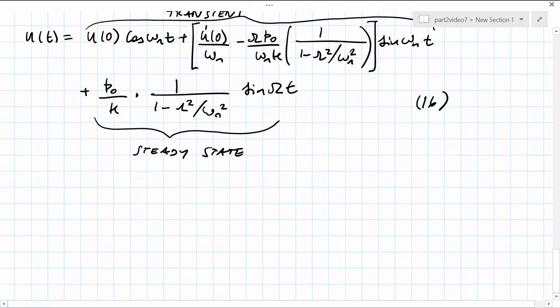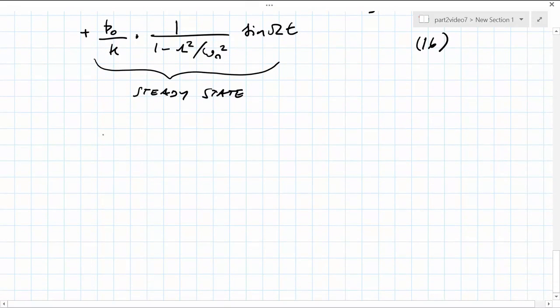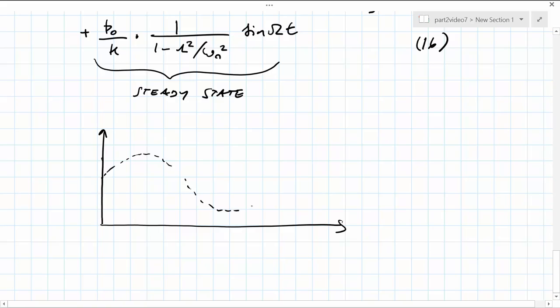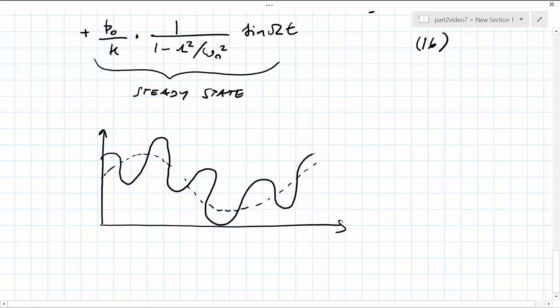Plotting this equation out, you can see then we get our steady state response shown by this dashed line, and our transient component oscillating around the steady state response.